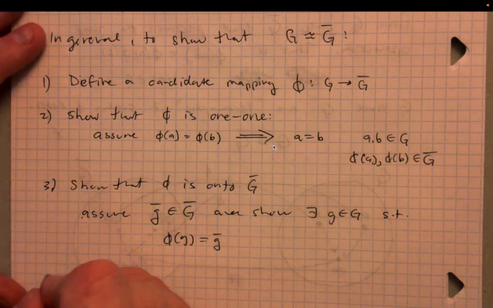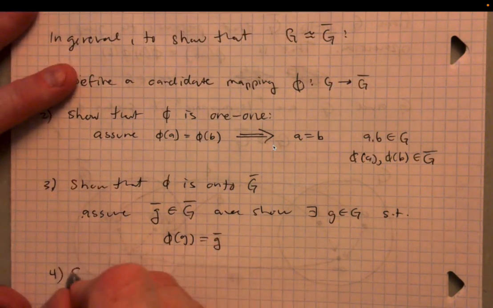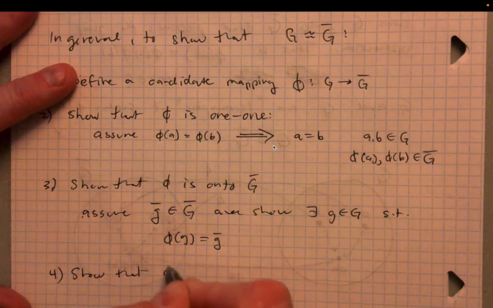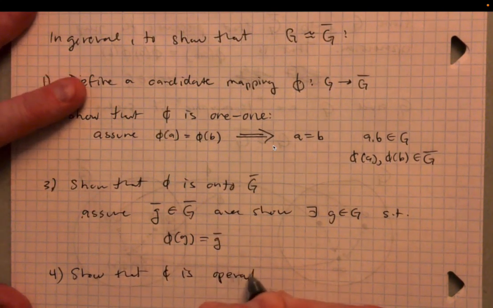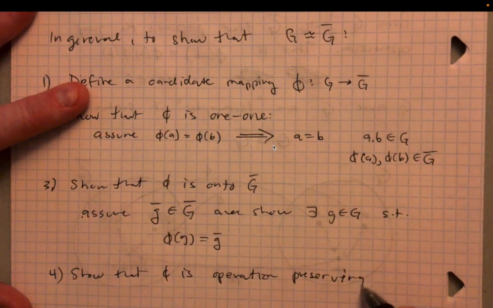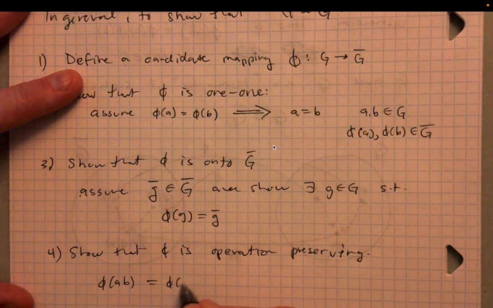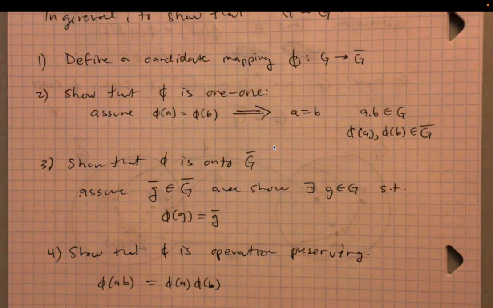And then the last thing is that you need to demonstrate that phi is operation preserving. This is usually pretty straightforward. Basically all you need to show here is that phi of AB is equal to phi of A, phi of B. Or if the operation is addition, then phi of A plus B is equal to phi of A plus phi of B. Well, there are the four options up here.